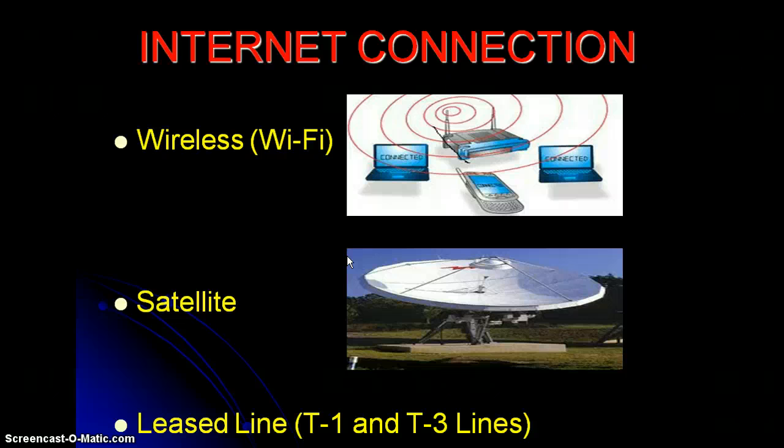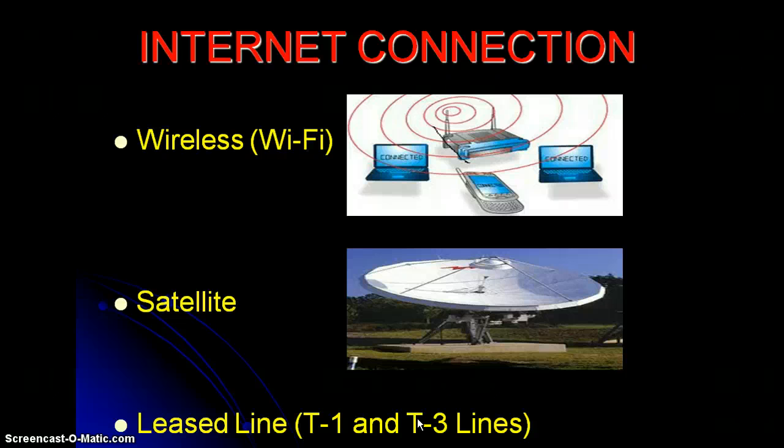Another one, you can use a leased line. Here we can see the T1 and T3 lines. T1 lines are a popular leased line option for businesses connecting to the internet and for internet service providers connecting to the internet backbone. It is a dedicated phone connection supporting data rates of 1.544 Mbps.